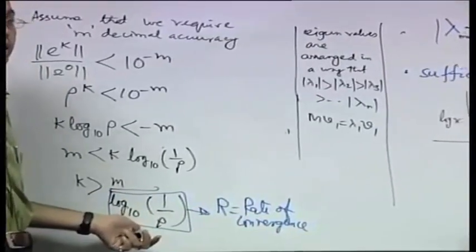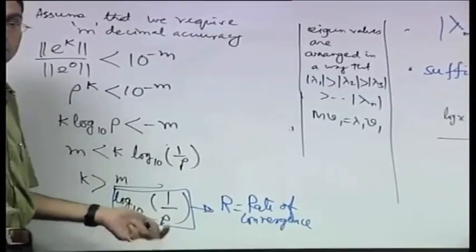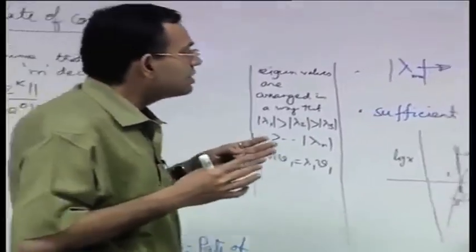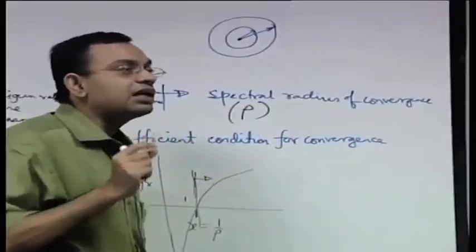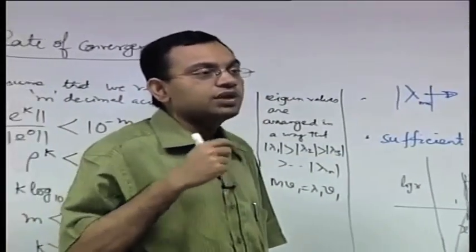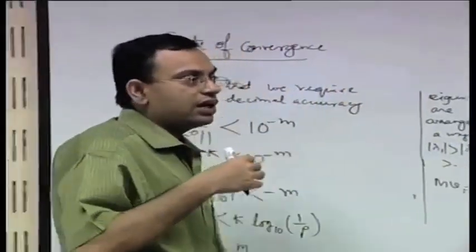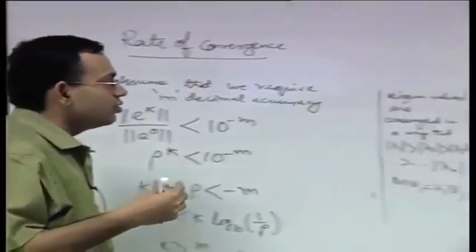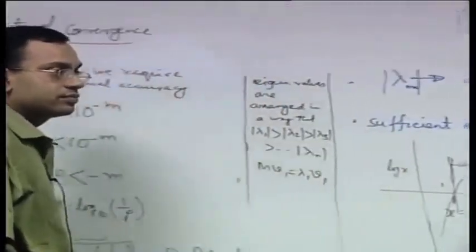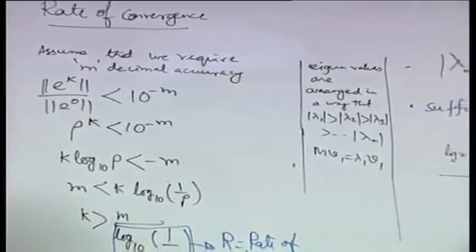So, you require very few steps to achieve convergence. What can we infer from this? The smaller you keep the spectral radius of convergence, the better it is in terms of the rate of convergence. To achieve a high rate of convergence, your spectral radius of convergence should be as small as possible. That is the first and foremost thing that we can infer.